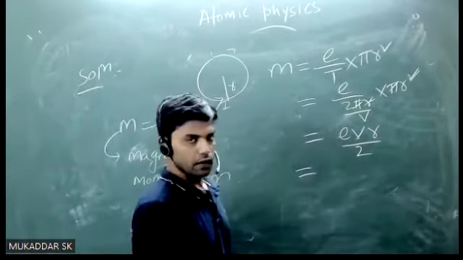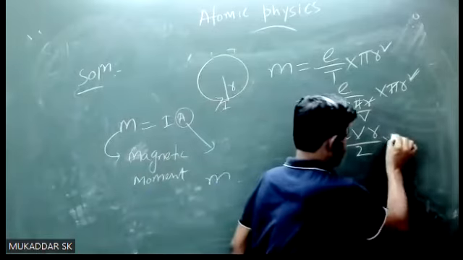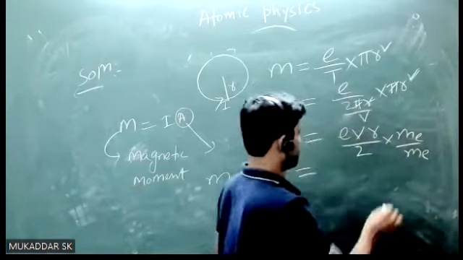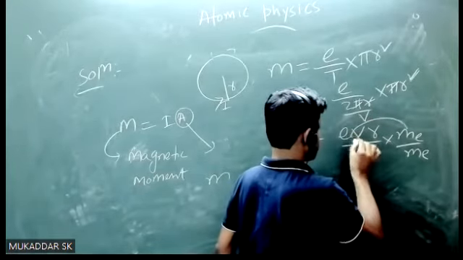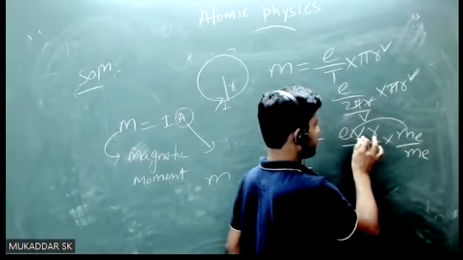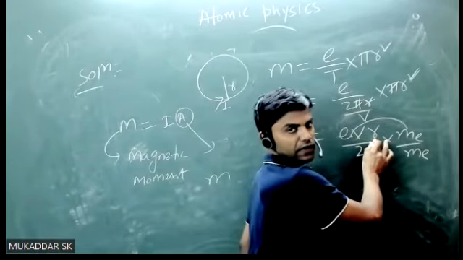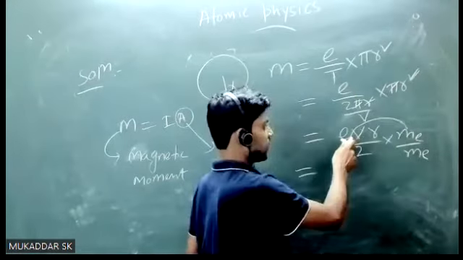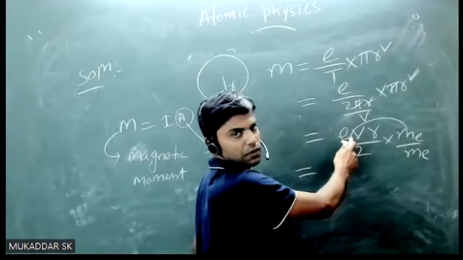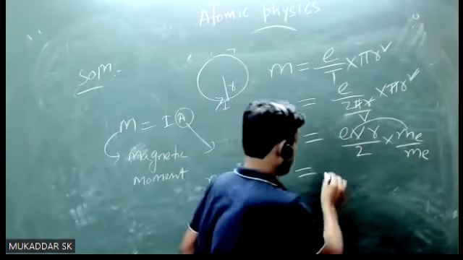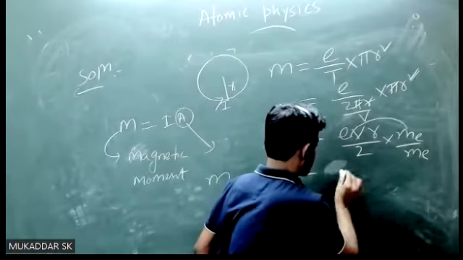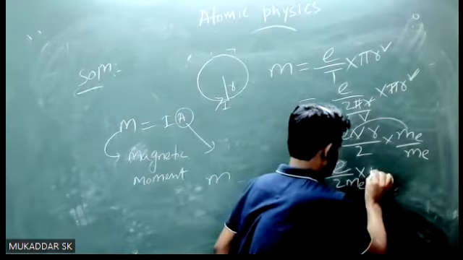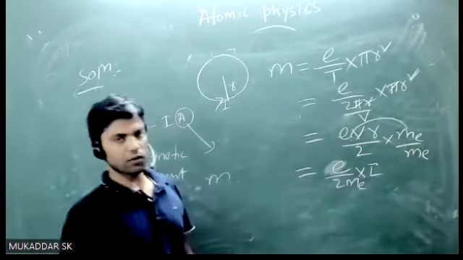Now if you multiply and divide by m_e, and bring that m_e here, then you will have m_e v r. m v r is nothing but orbital angular momentum. So you will end up with e by 2m_e multiplied by the orbital angular momentum.